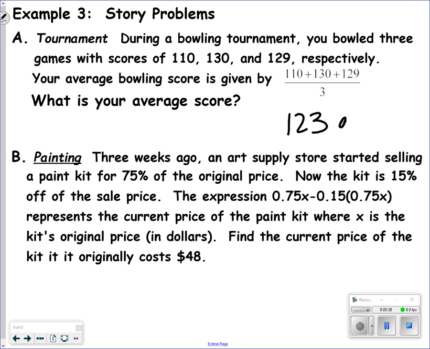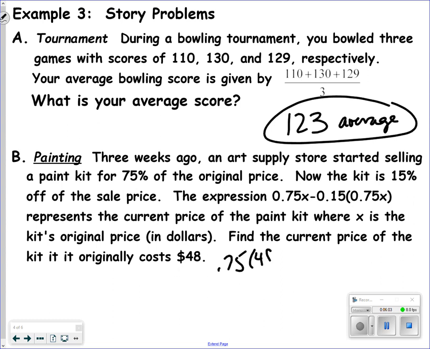So 123 average. Next one, 3 weeks ago the supply store started selling a pink kit for 75% off of the original price. Now the kit is 15% off the sale price. So the expression represents the current price of the pink kit, where x is the original price. Find the current price if the kit was originally 48. So 0.75 times 48 minus 0.15 times 0.75 times 48.